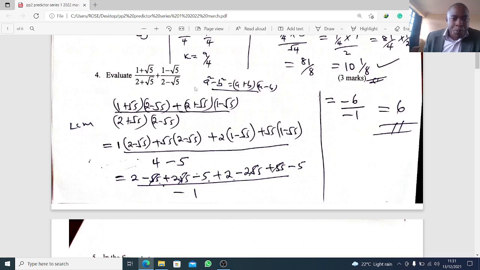So we have used difference of two squares for the denominator here. We know that a squared minus b squared equals a plus b into a minus b. That's difference of two squares, and therefore the denominator will become 2 squared, which is 4, minus root of 5 squared, which is 5.